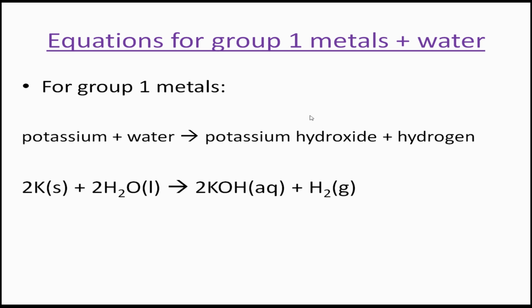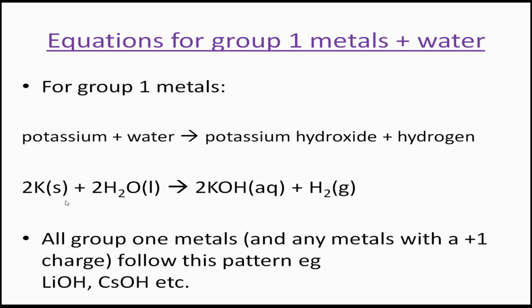Now this is a symbol equation for it. Potassium is K, and it's solid. 2 lots of that react with 2 lots of water, which is a liquid, to make 2 lots of our potassium hydroxide. Here we've got our K for our potassium, and our hydroxide is the OH, and that's aqueous because it dissolves in water, and we make our hydrogen gas.